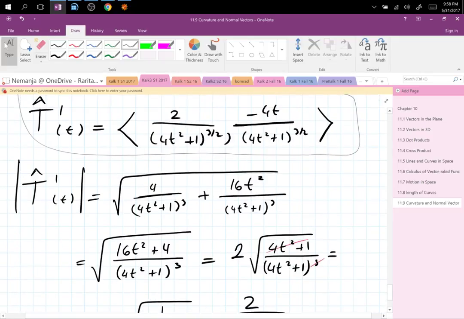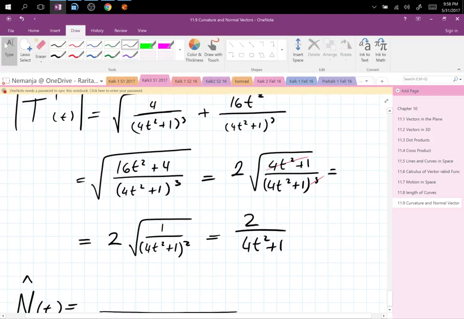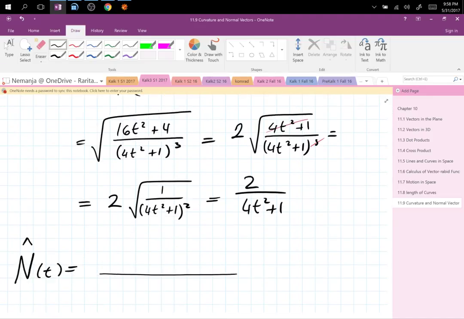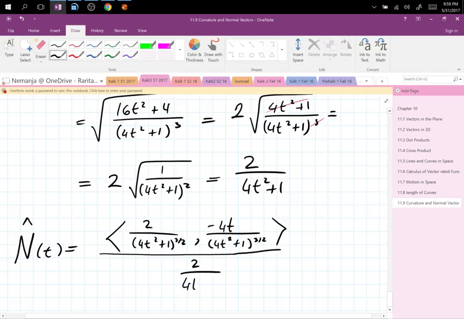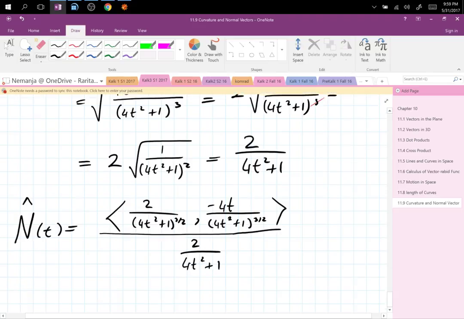So you take this and you divide it by the magnitude. So it is 2 over (4t squared plus 1) to the 3/2, comma, was that negative 4t or 4t? Negative. And we are dividing this by 2 over 4t squared plus 1.